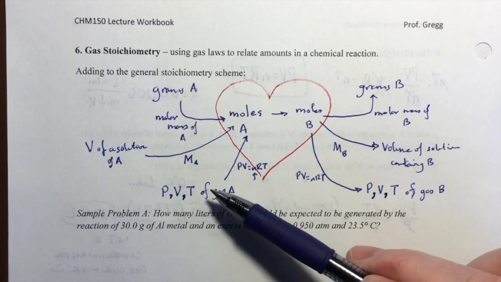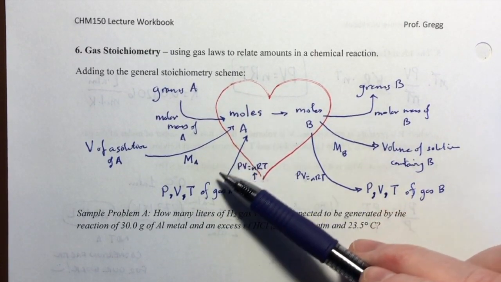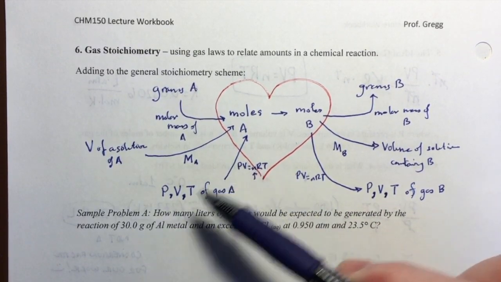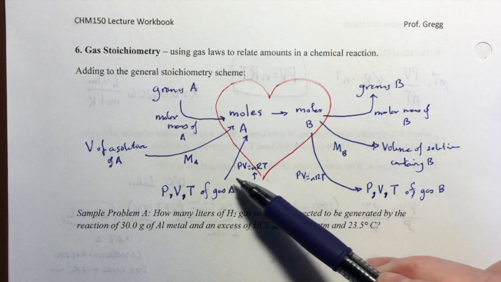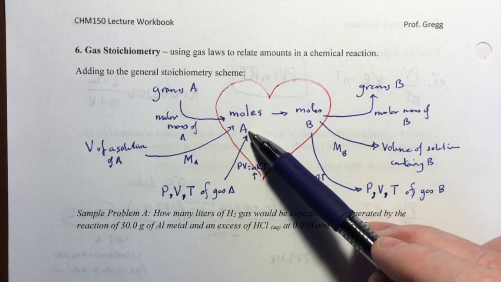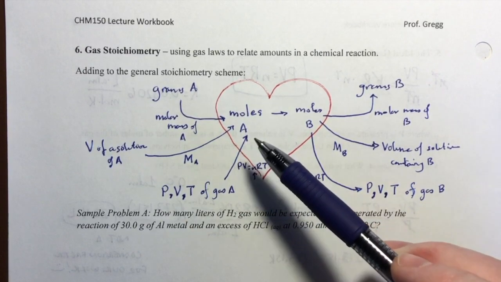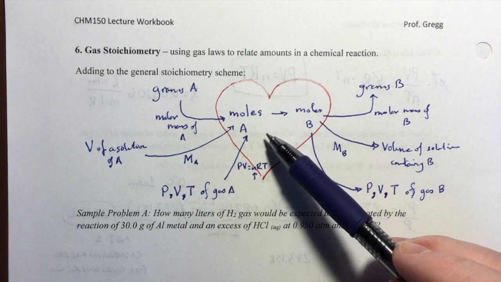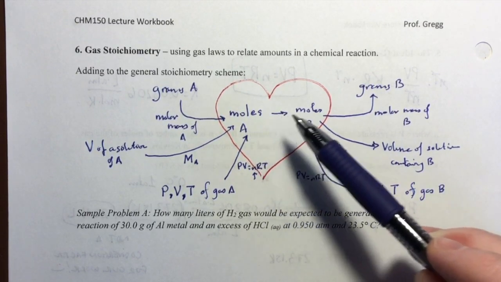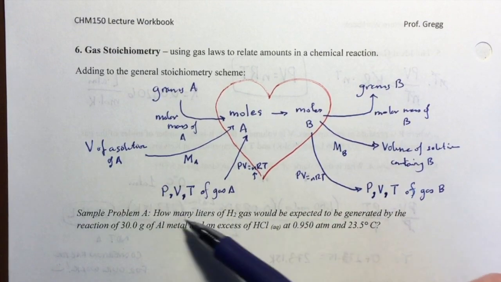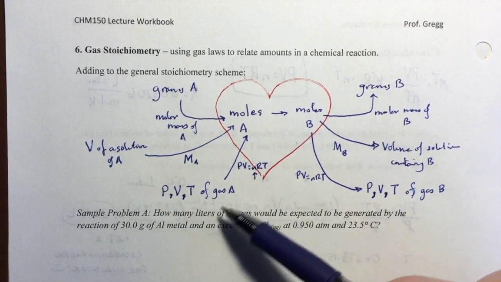Maybe I have a gas A, and I only have my pressure, volume, and temperature. So I would use my ideal gas law first to determine the number of moles of that gas. And then I would set up a stoichiometry dimensional analysis to convert the moles of A to moles of B. So I prefer to think of this as two separate math problems.